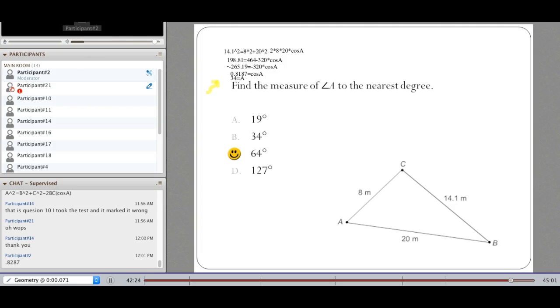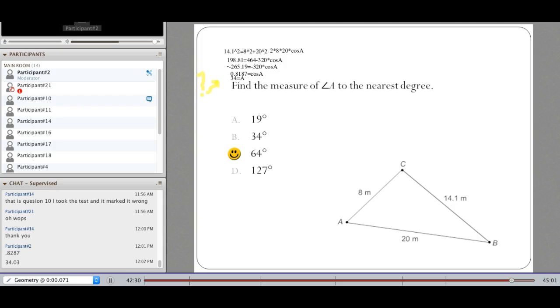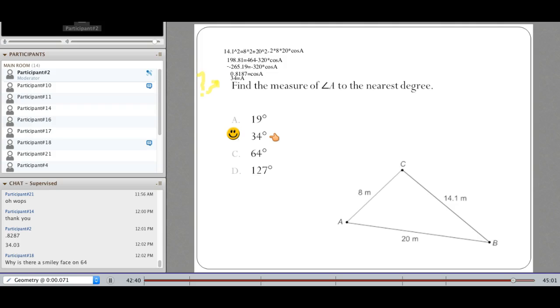It's going to be all right, but I just wanted to clarify in case anyone was confused. It'll still round to 34. You get 34.03 for angle A, but it still rounds to 34. So B looks like the correct answer.